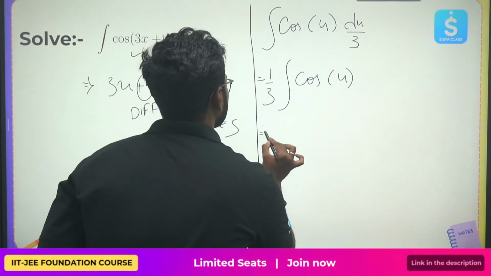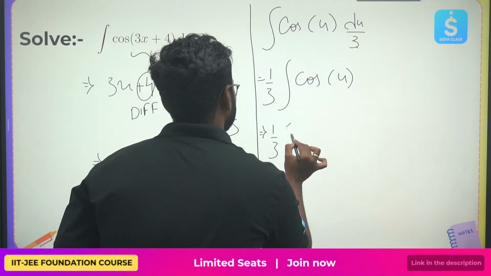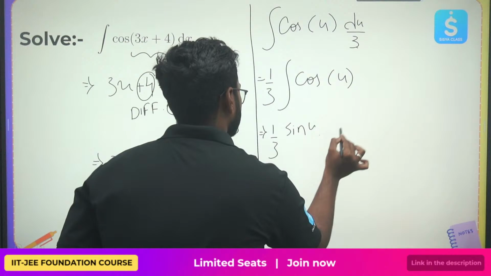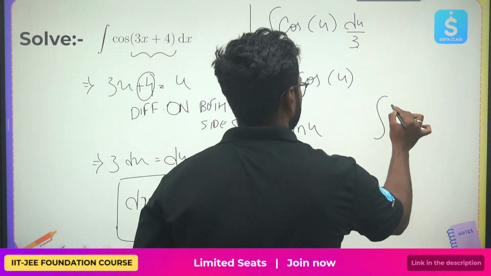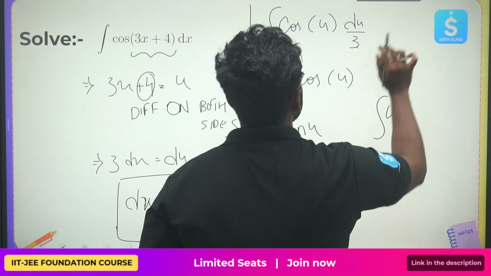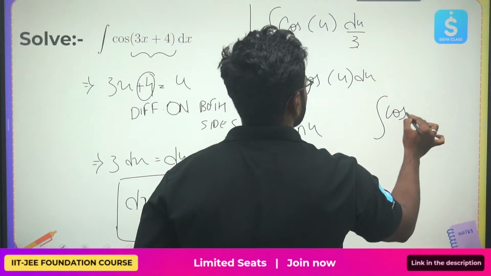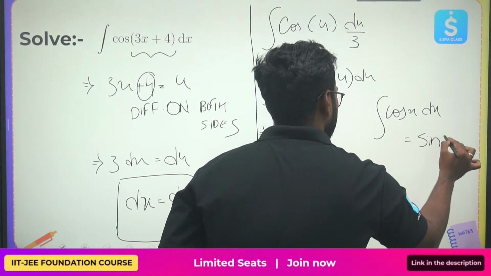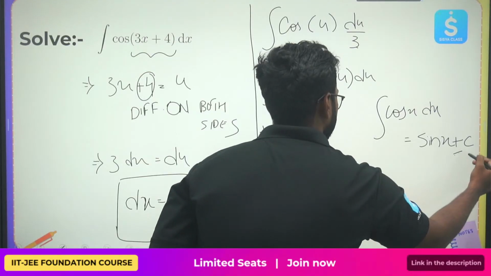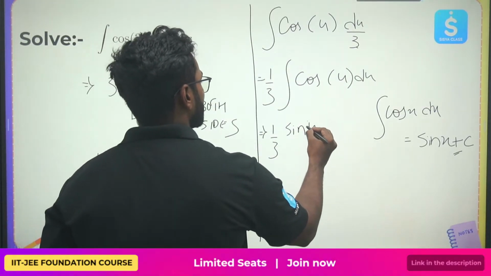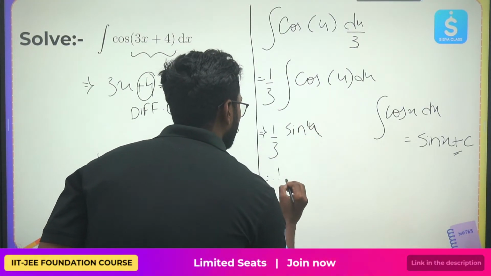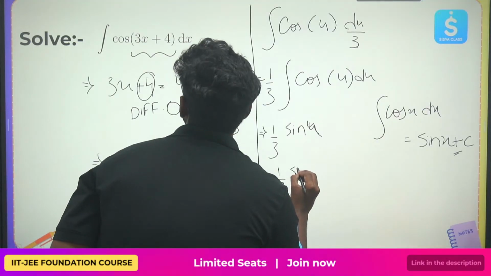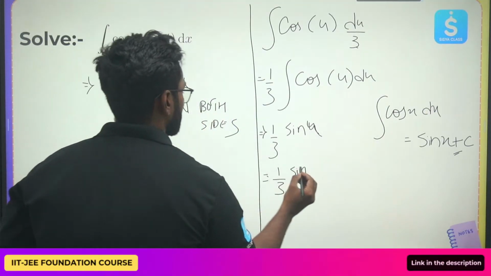This would be 1 by 3 sin u, because the integral of cos x dx is equal to sin x plus c. That should be sin u. And we know the value of u is 3x plus 4, so the answer is 1 by 3 sin of 3x plus 4.